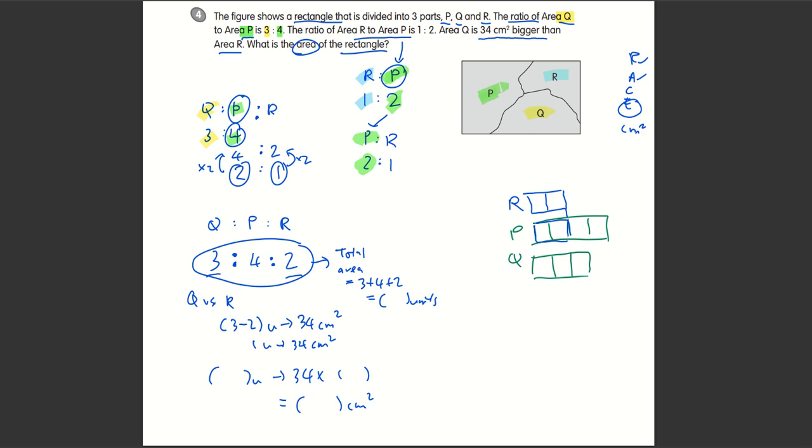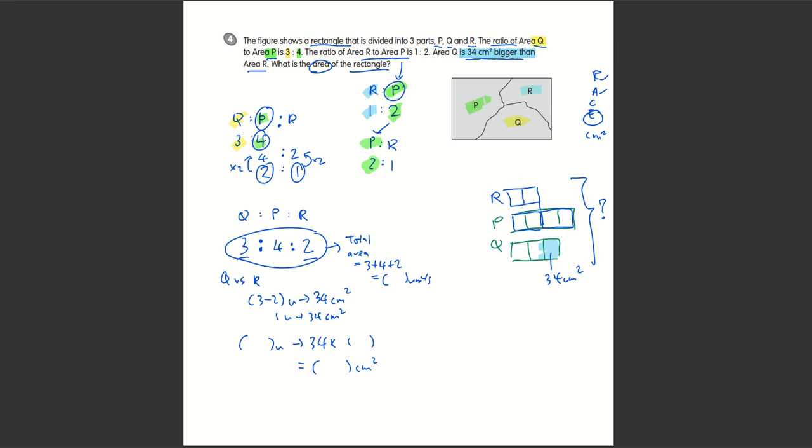So that's where the R to P 1:2 appears. And then you have comparing the 34 square centimeters becomes very obvious here in the model. That one unit more than R. Okay, so that's the model for this question.